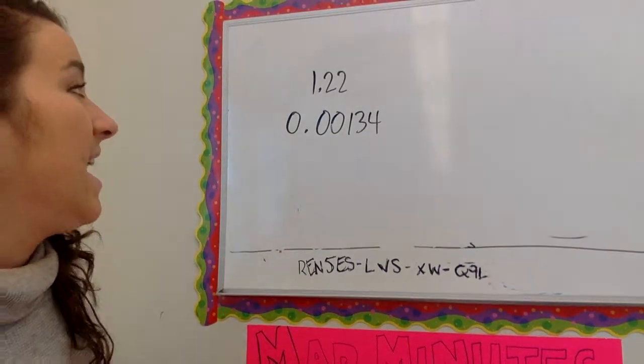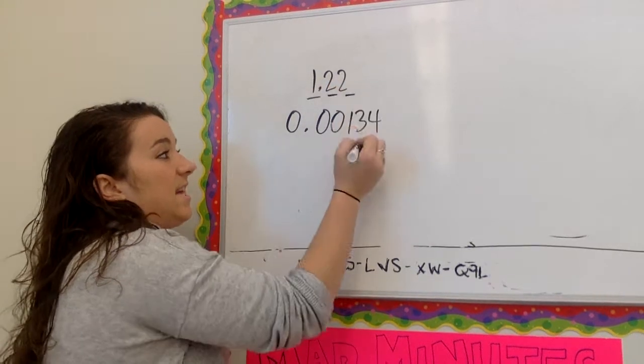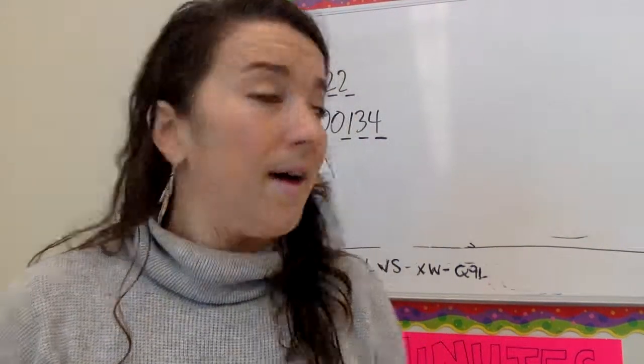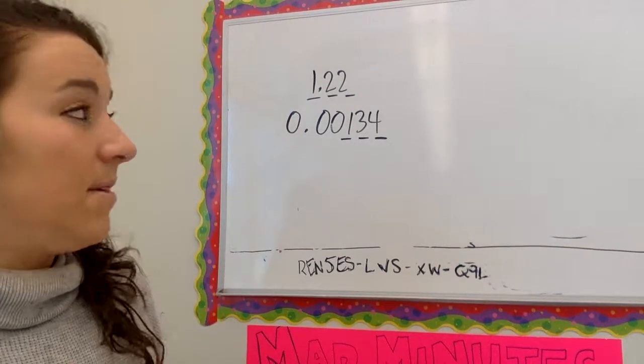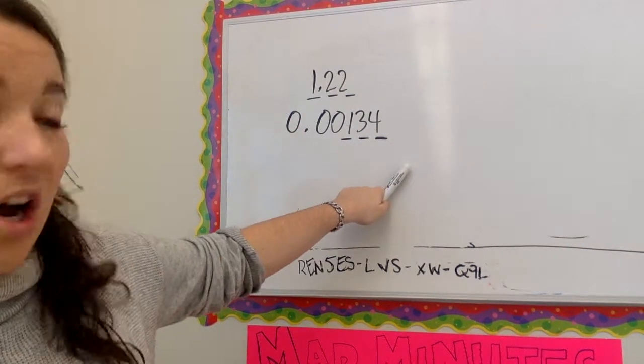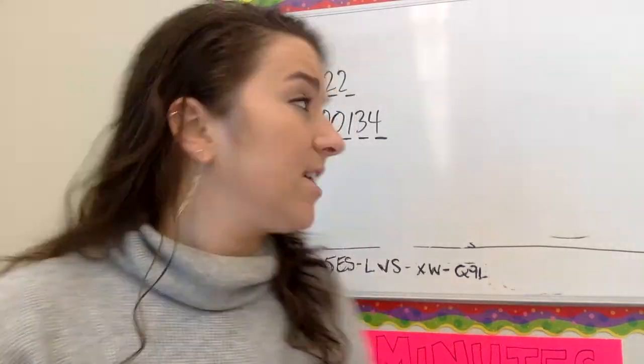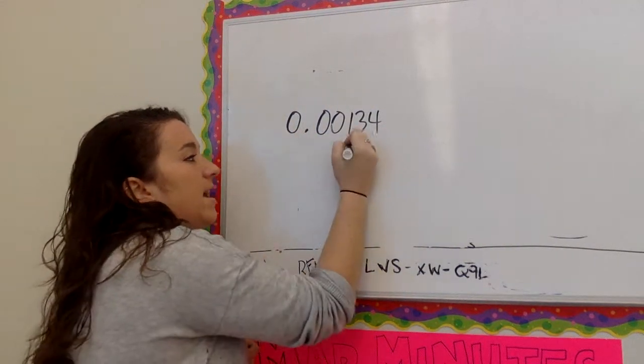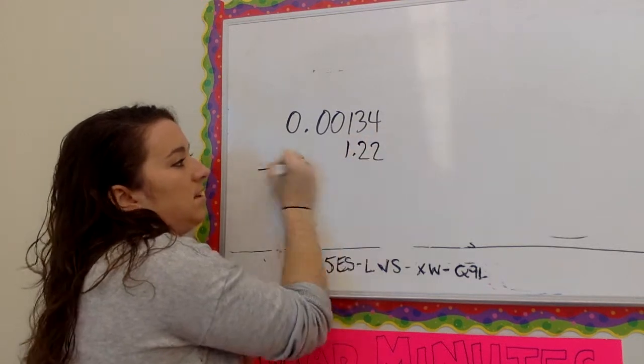Here I look, I actually still have the same number of non-zero digits in both numbers, so I can put either one on top. But in this case, this number is longer, so just so I can remember multiplying my zeros, I'll put this one on top, and then I'll line up the second one all the way to the right below.